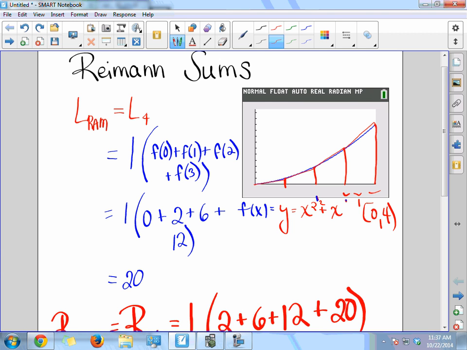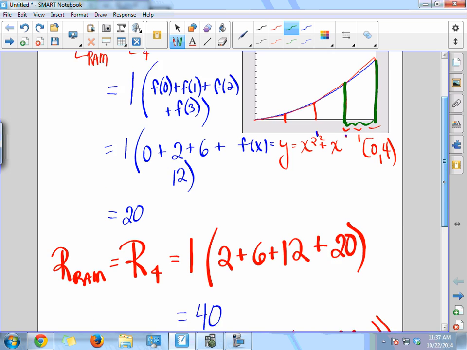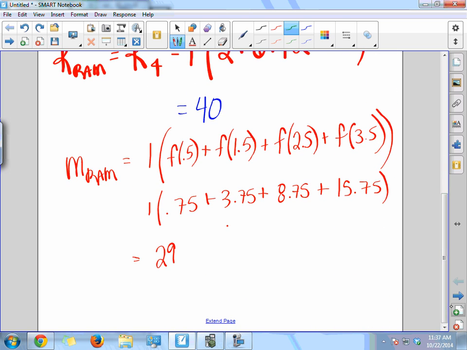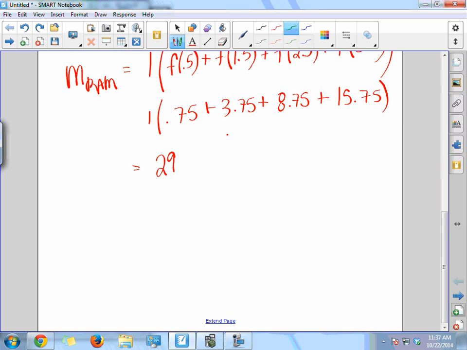Now you can use the formula for the area of a trapezoid: you add the two heights together, so say between 3 and 4, I would add these two heights together, divide by 2, and then multiply by the width. But a really easy way to do the trapezoid rule is just to average your left Riemann sum and your right Riemann sum.